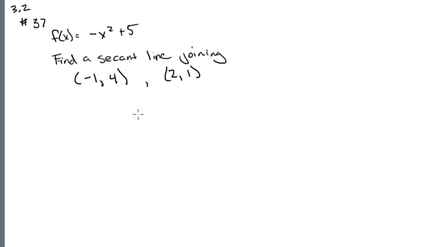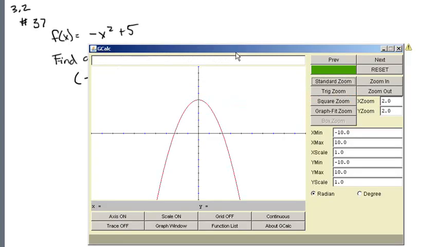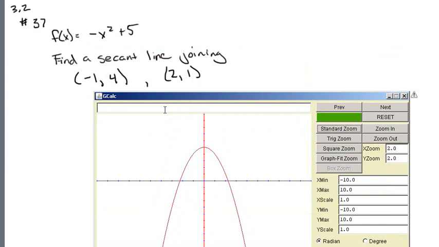Why'd they pick these particular points? Well, the x values are probably arbitrary. They're just something different from one another. But negative 1, comma 4 is a point on the function, and 2, comma 1 is also a point on the function, being points here and here.